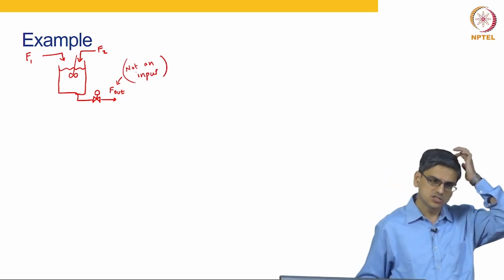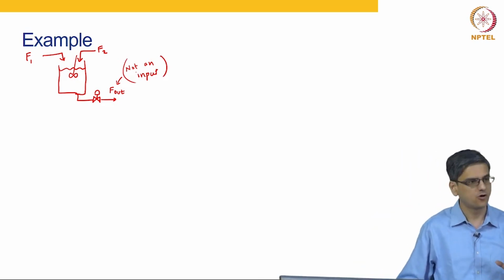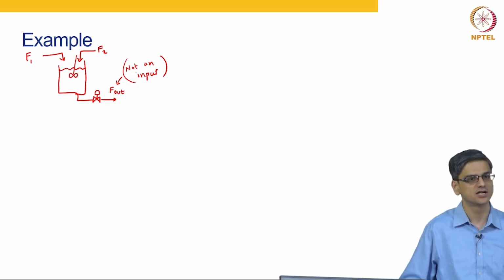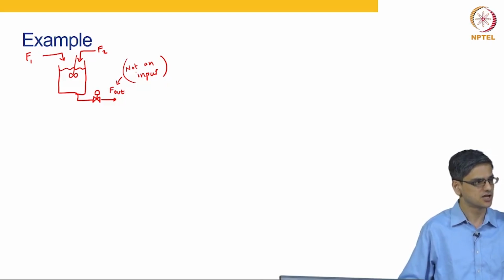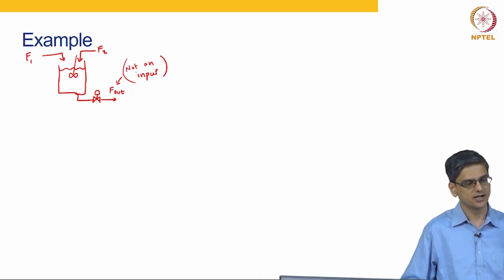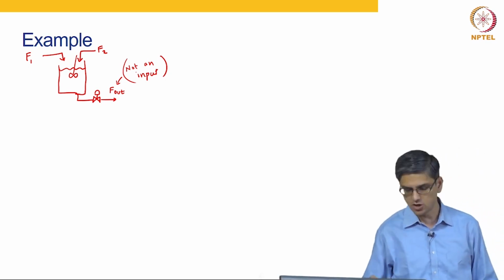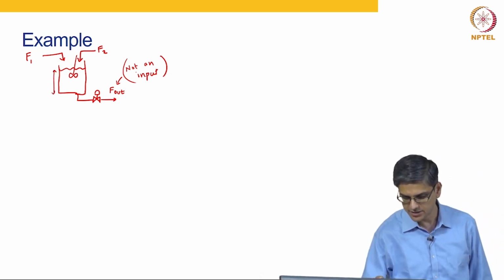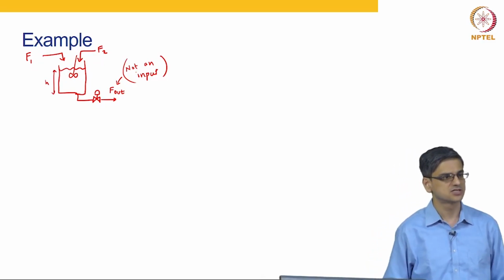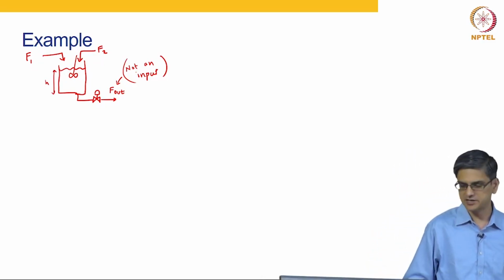Okay. Now, this is a problem for chemical engineers. This is usually one of the first problems that is done in an undergrad control course. There are flow rates in a tank, and there is a flow rate in the output, and the output flow rate depends on the level, the height in the tank. Okay. So, this is a standard problem that is done in chemical engineering.